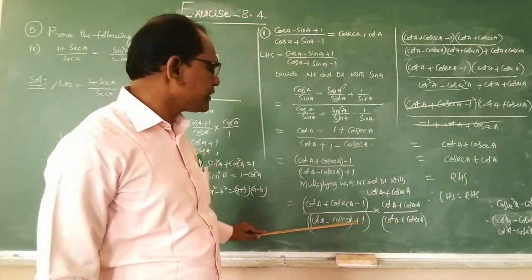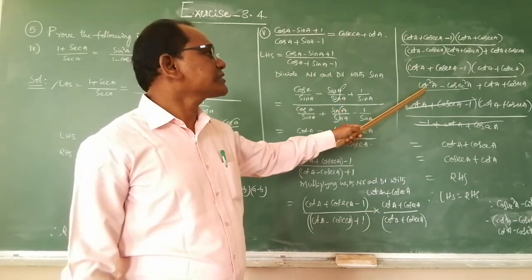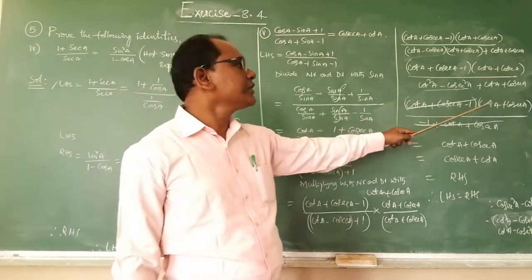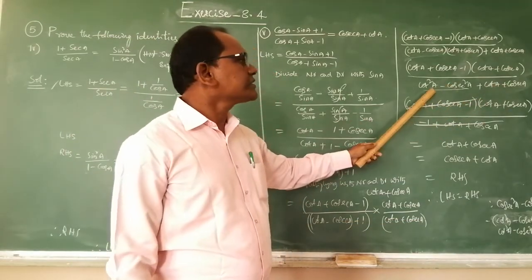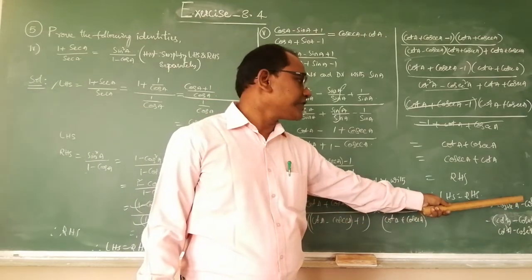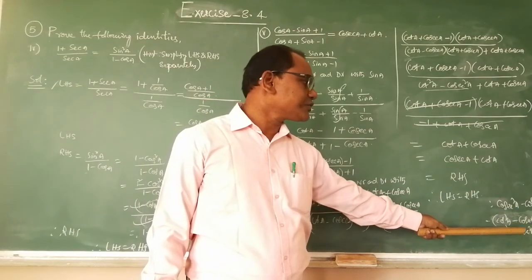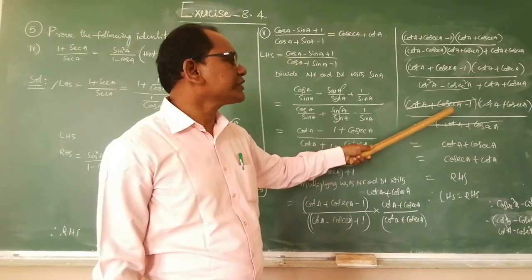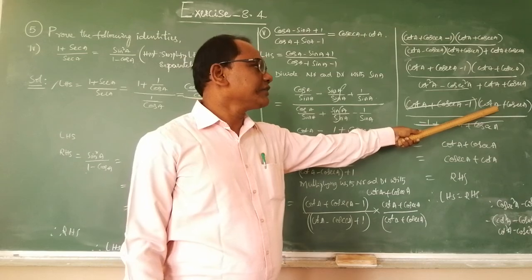These two, a plus b and a minus b, give a square minus b square, and the remaining plus 1 into cot A plus cosecant A is cot A plus cosecant A. This is the identity: cosecant square A minus cot square A equals 1. Therefore, cot square A minus cosecant square A equals minus 1. There is a minus 1 plus cot A plus cosecant A. These two get cancelled. Then the remaining one is this one.